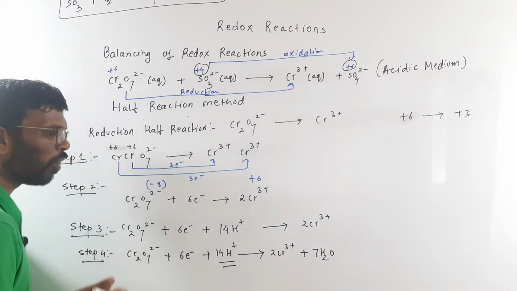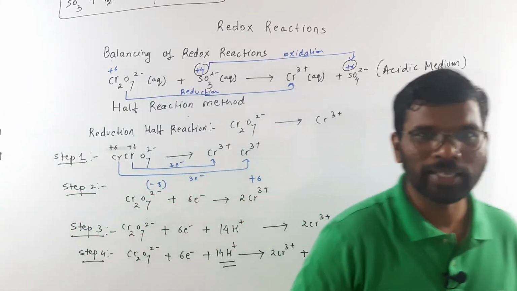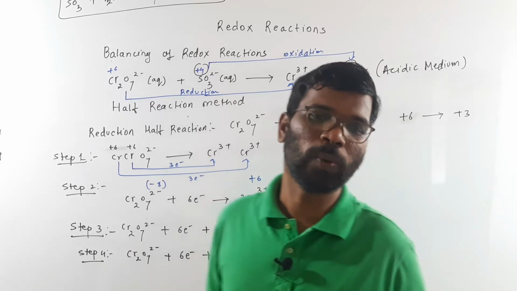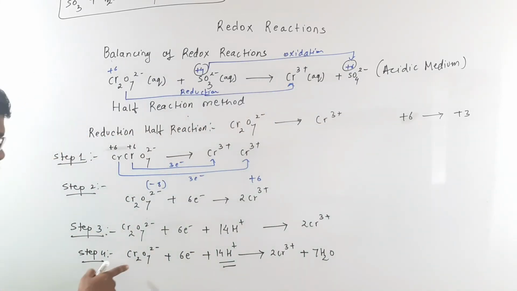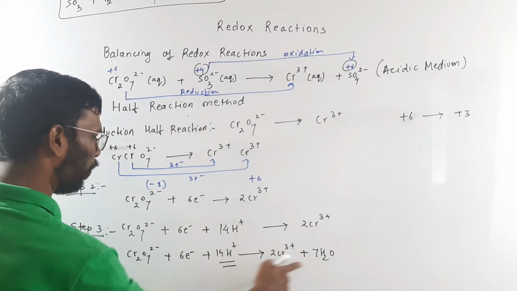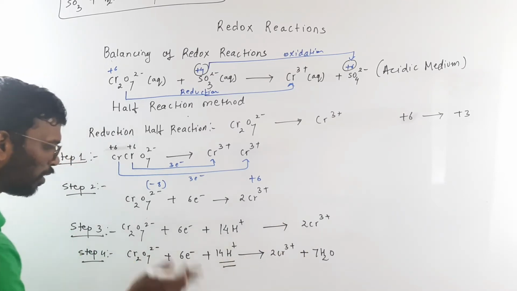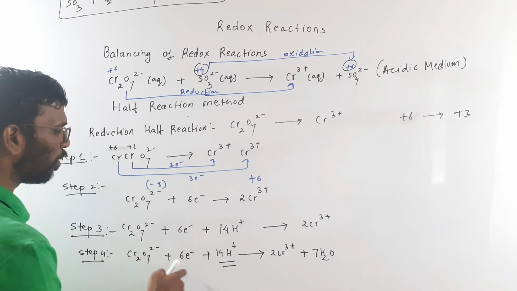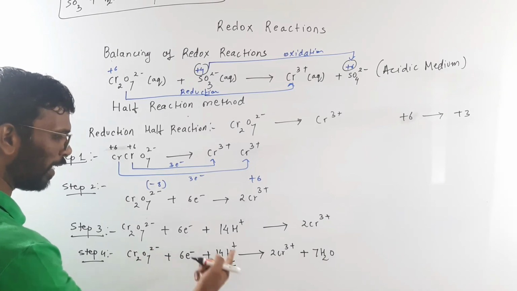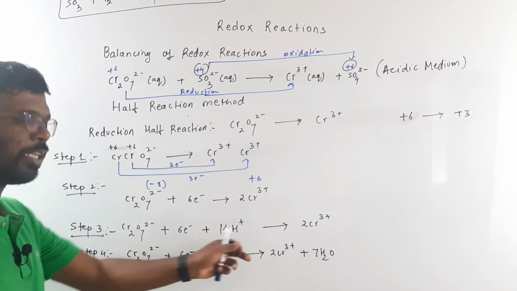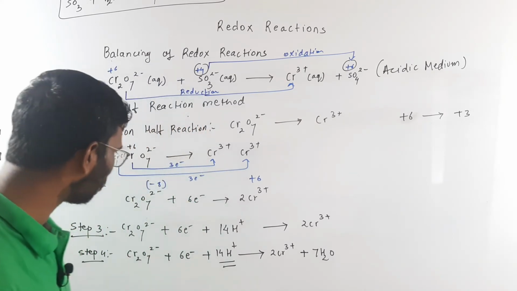Did I do anything for the oxygen? Oxygen is getting balanced automatically, right? So over here, oxygen is balanced, hydrogens are balanced, chromium 2 chromium, 2 chromium. Charges, if you see -2, -6, okay, that is also balanced. Charges are balanced, +6 and +6 on both the sides, right?